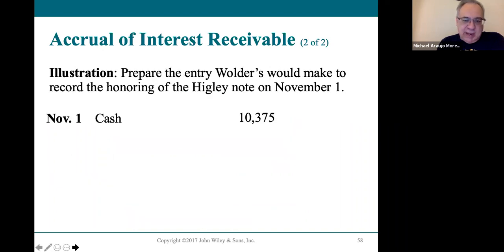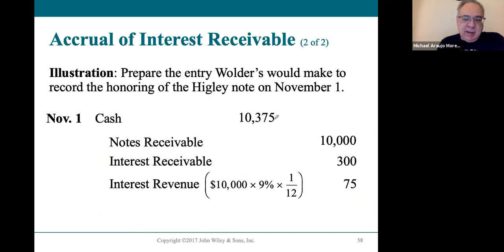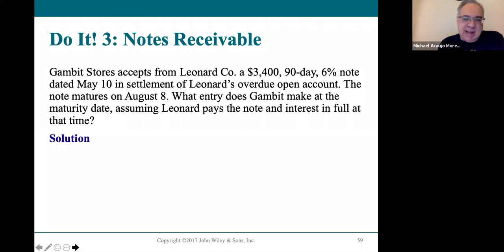When they actually do get paid, they're going to get paid the same amount, but now $75 of that is going to be their interest revenue. The $300 of that is going to take that receivable off the books. That's only for companies that have a fiscal period that's ending during the time that they've made a note.